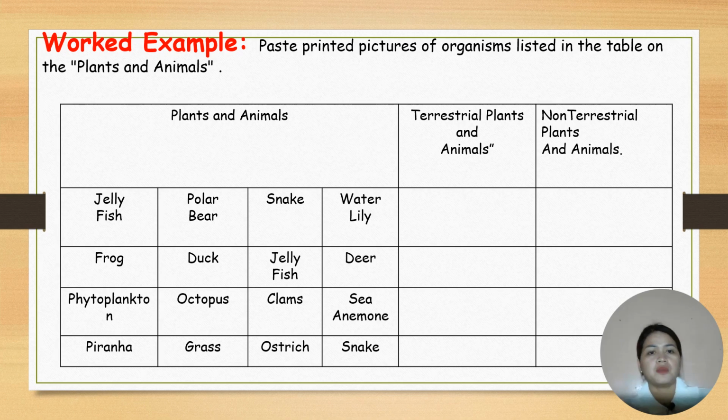So paste printed pictures of organisms listed below on the table. On the table, we have jellyfish. So we have to classify if terrestrial ba siya or not. So you're just going to put in your mind that terrestrial plants and animals, they live on land.